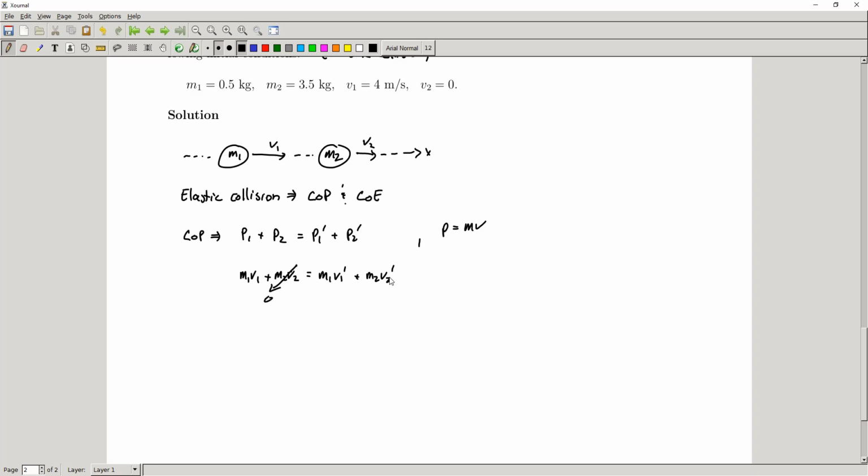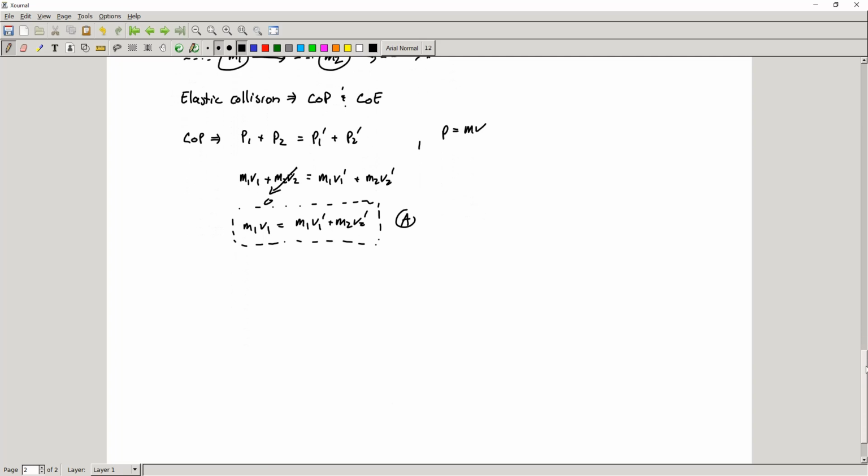And so we can clean this up a little bit because we've had that one term cancel out. So we have m1 v1 equals m1 v1 prime plus m2 v2 prime. Okay, and let's just call this equation A, and now let's take a look at what conservation of energy gives us.